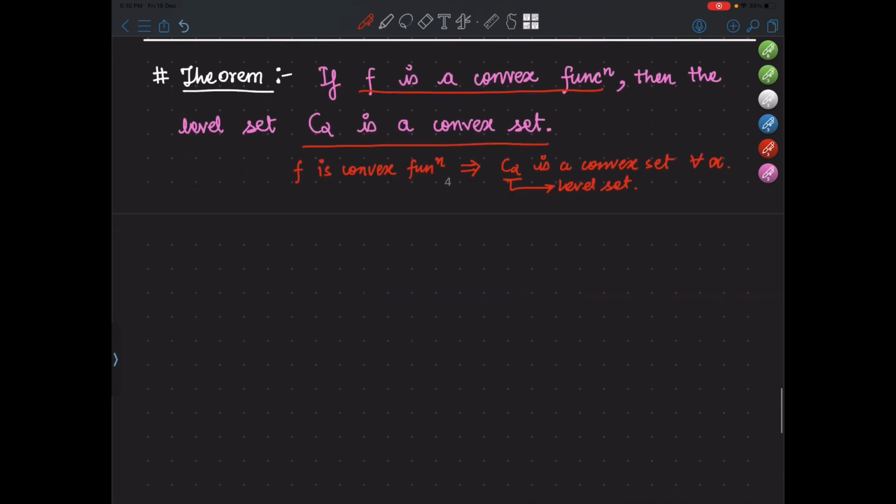So now let's prove the theorem. First let's assume what is given. Let f be a convex function.